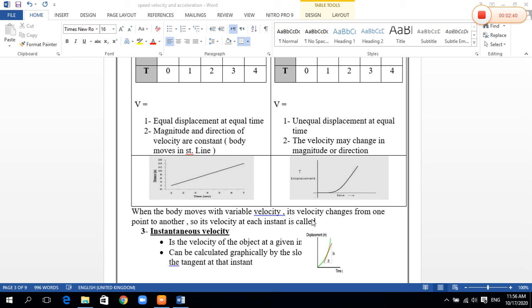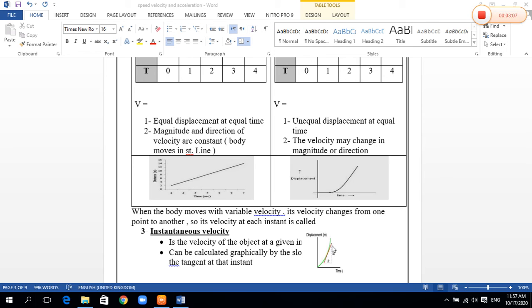To calculate the average speed or the speed at a certain moment in the variable velocity, we have something called instantaneous velocity. In this case, we can't calculate the slope of the curved line, so we draw a tangent line to this curved graph.